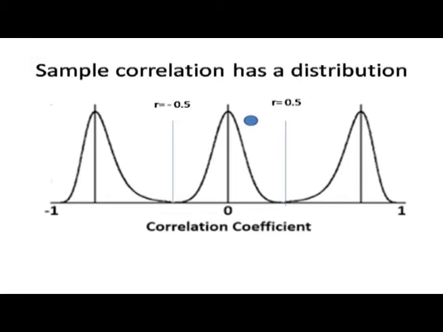When in the population correlation is less than 0, we move towards this side, then the distribution of sample correlation moves towards this kind of density function. Notice that this distribution is positively skewed. If the correlation coefficient is positive and more than 0, then the distribution is like this.